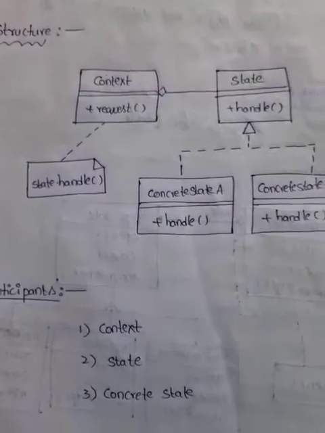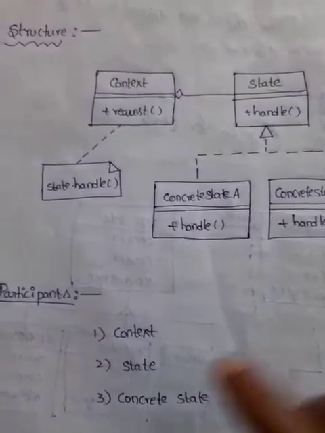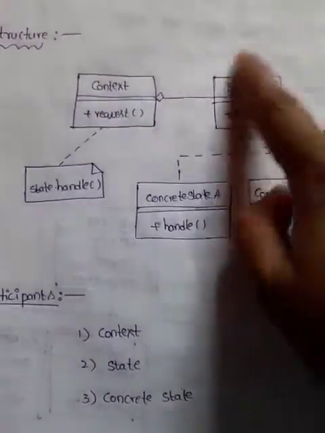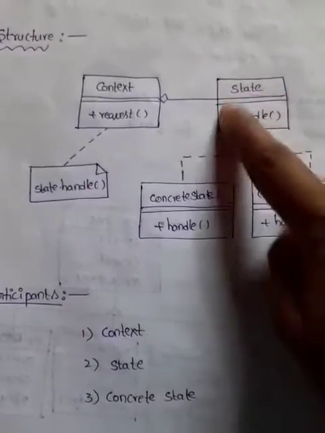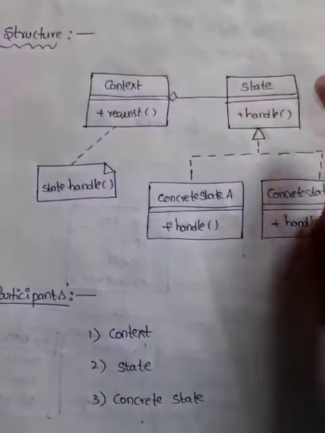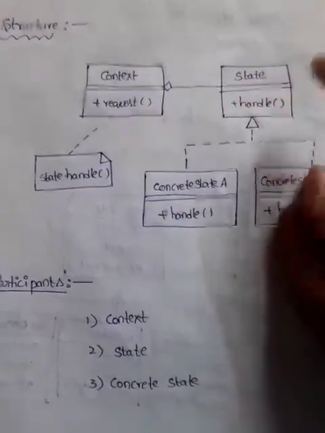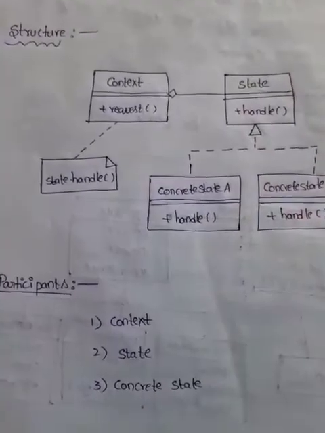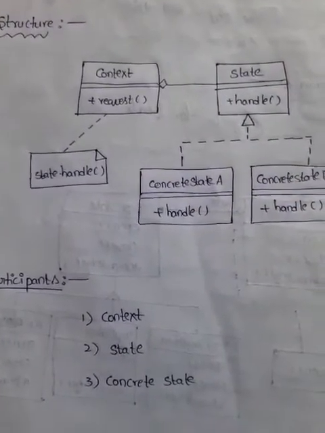And the next one is state. This state defines the TCP state, which we have seen in our previous example. It defines an interface for encapsulating the behavior associated with a particular state of the context.